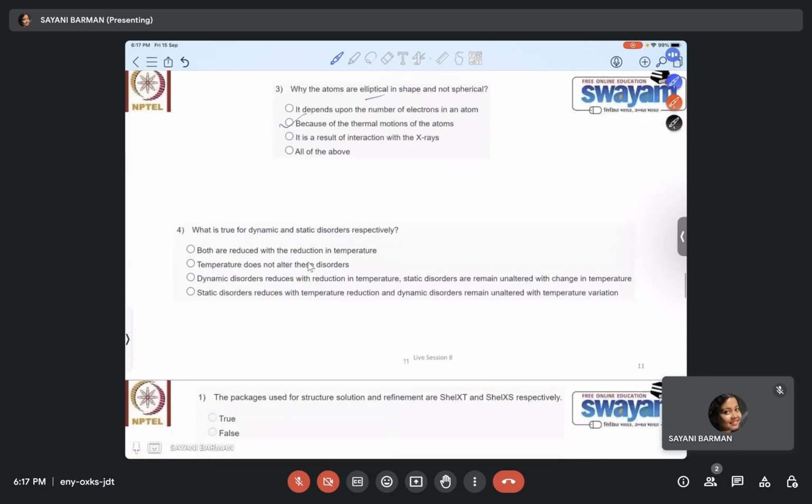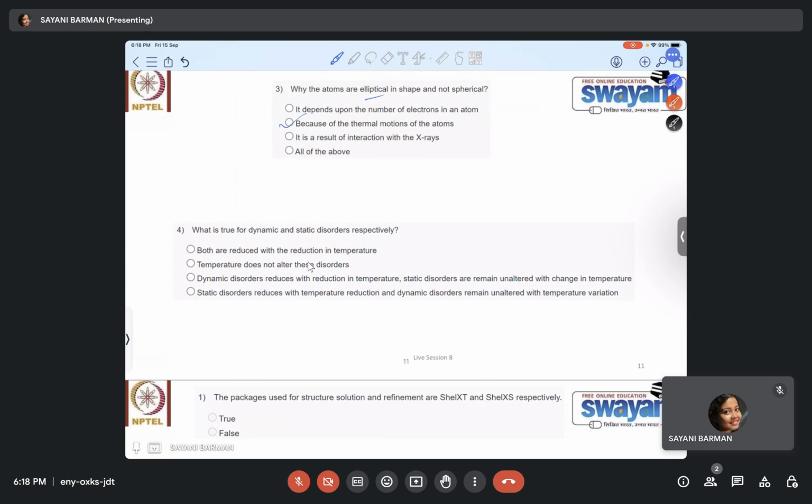Next one is what is true for dynamic and static disorders. Dynamic disorder happens due to the thermal motions of the atoms, and static disorder happens due to the orientation of the atoms inside a crystal lattice.